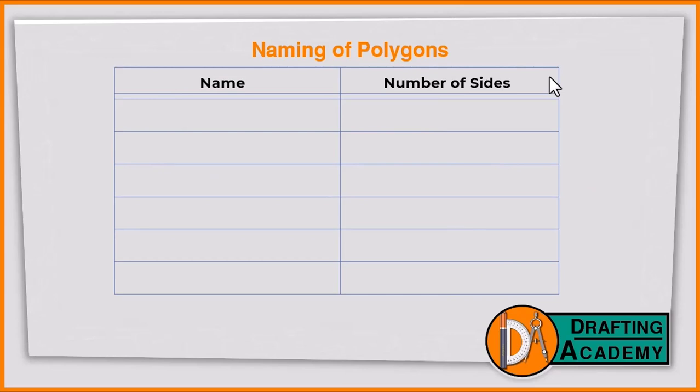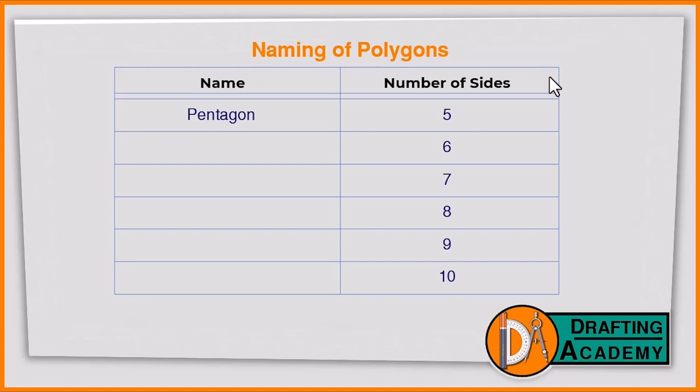We'll have polygons ranging from 5 to 10, and then we'll have the names that are given to these polygons. When you hear the word pentagon, pent means 5. You see we're still using gon for each of the names, and then the first parts are going to tell us how many sides it has.